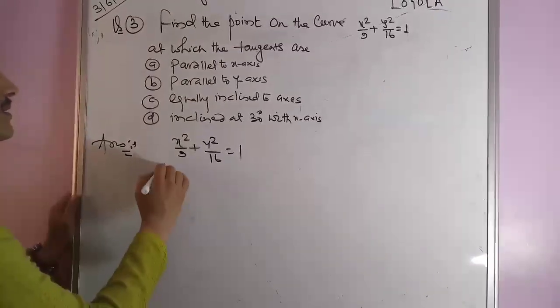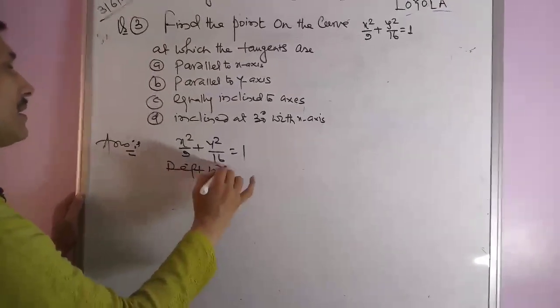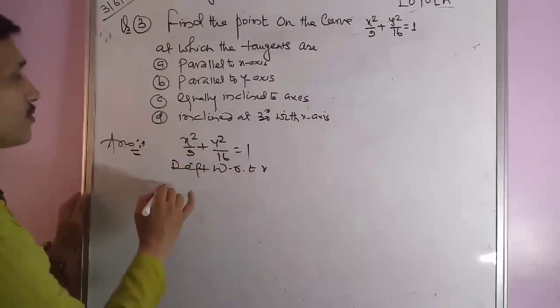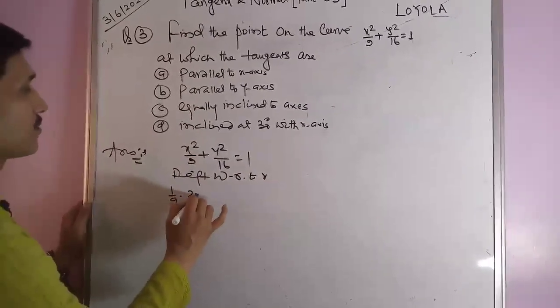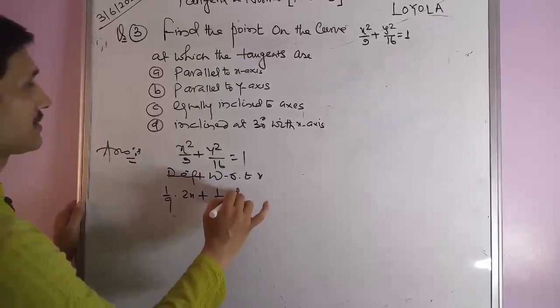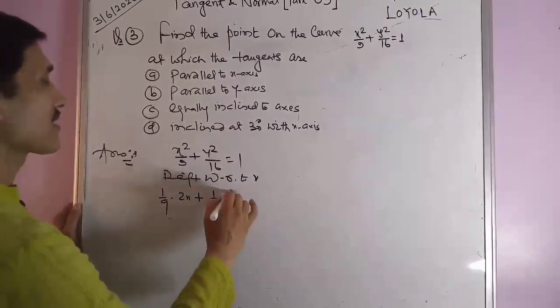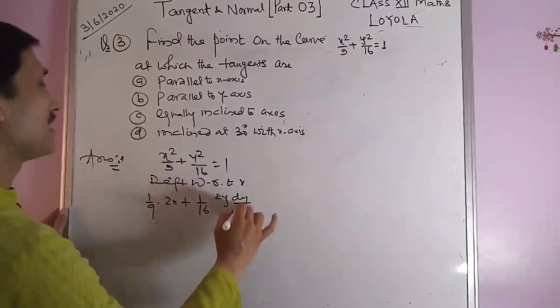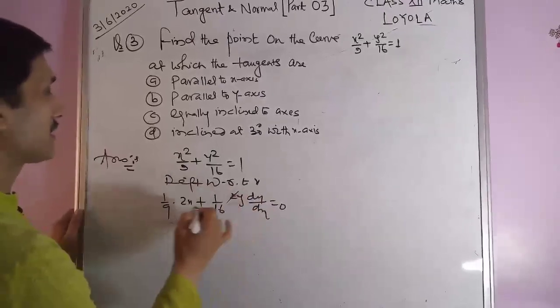First of all, differentiating with respect to x, 1 by 9 into 2x plus 1 by 16 into 2y dy by dx equal to 0, cancelling 2.